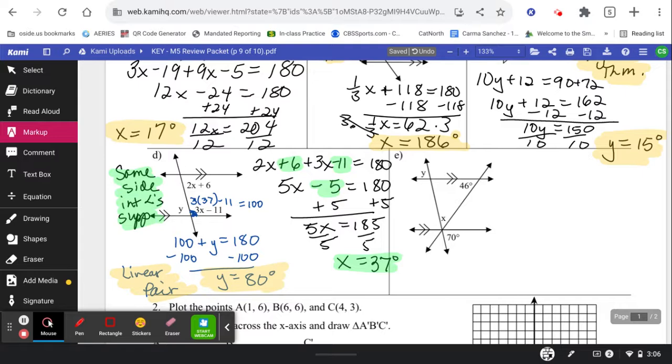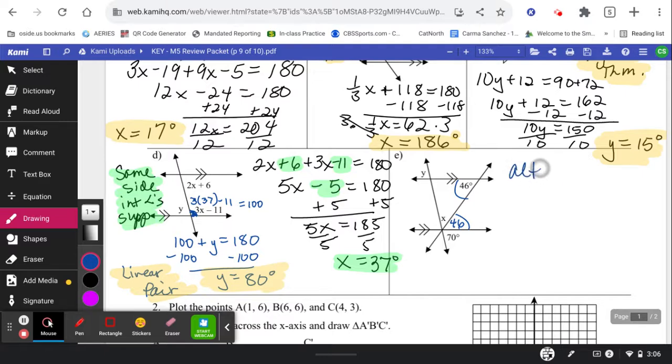Okay, same thing for this next one coming up. There's going to be 2 answers. Okay, so if this is a 46 up here, then this is a 46 right here by alternate interior angles, right?